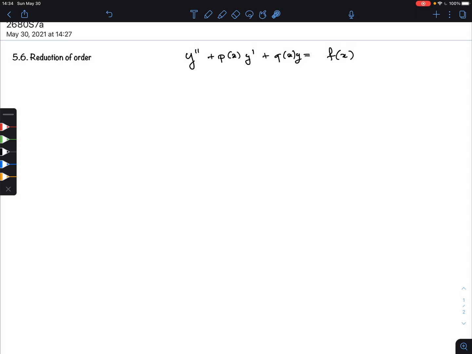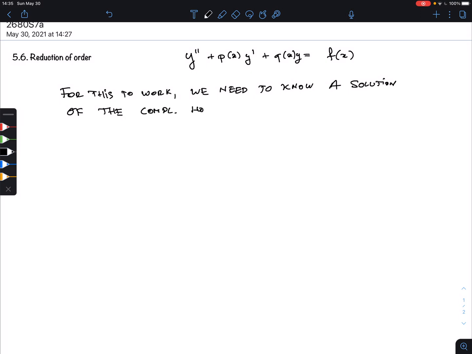So for this to work, we need to know a solution, not all of them, but just a solution of the complementary homogeneous equation, which of course is y'' + p(x)y' + q(x)y = 0.